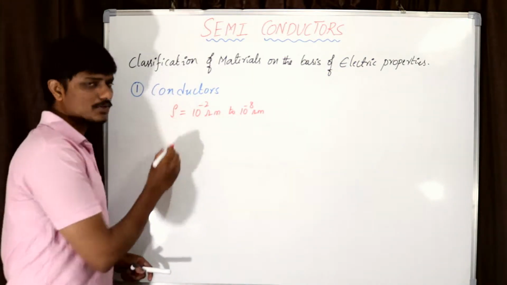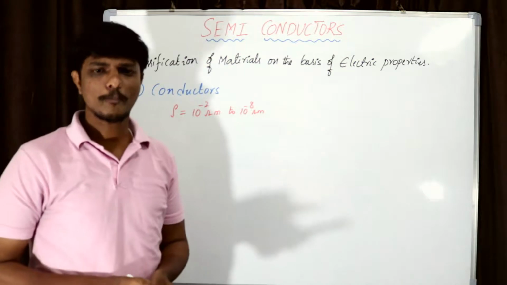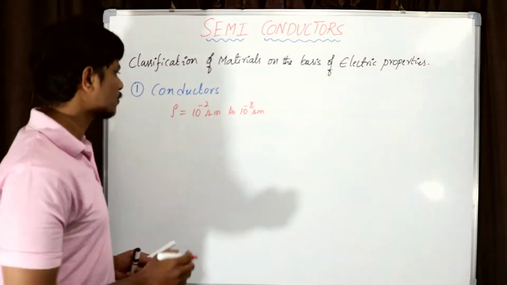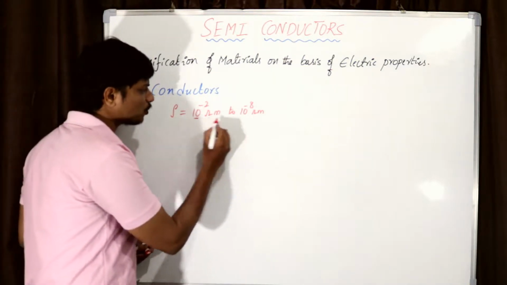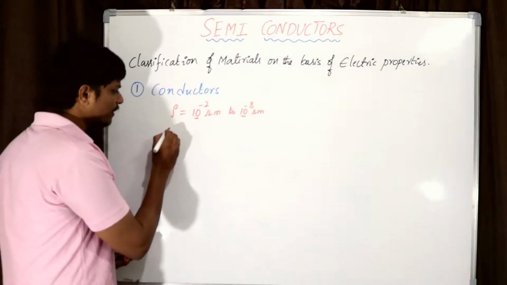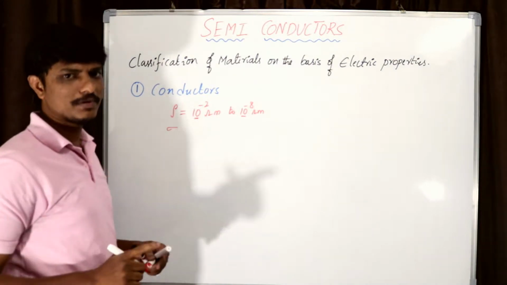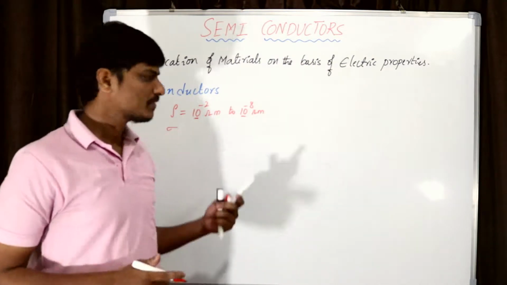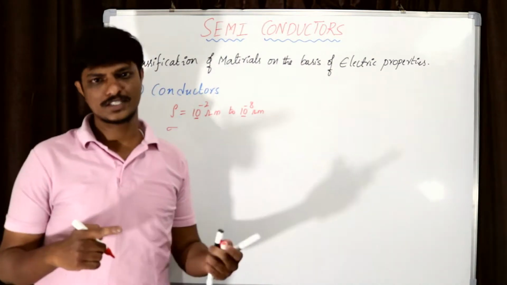Now what is meant by resistivity? Resistivity is the opposing nature offered by the material to the flow of charge. Its value is 10 power minus 2 to 10 power minus 8, which is very low. Coming to the conductivity of conductors: what is meant by conductivity? It is the allowing nature of the charge through the materials, exactly the reciprocal of resistivity.